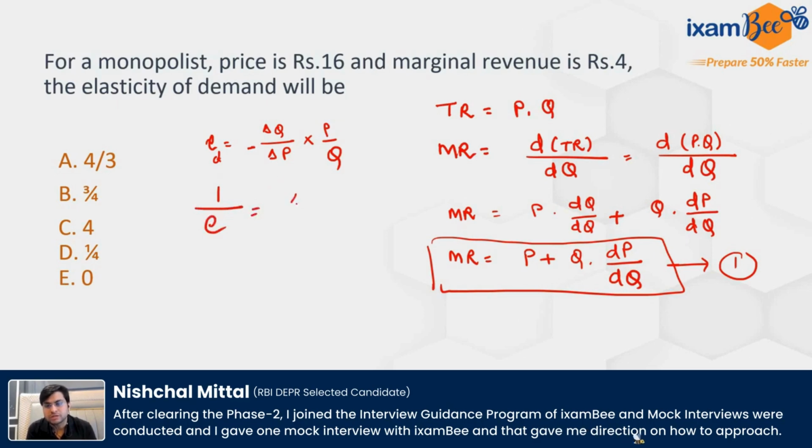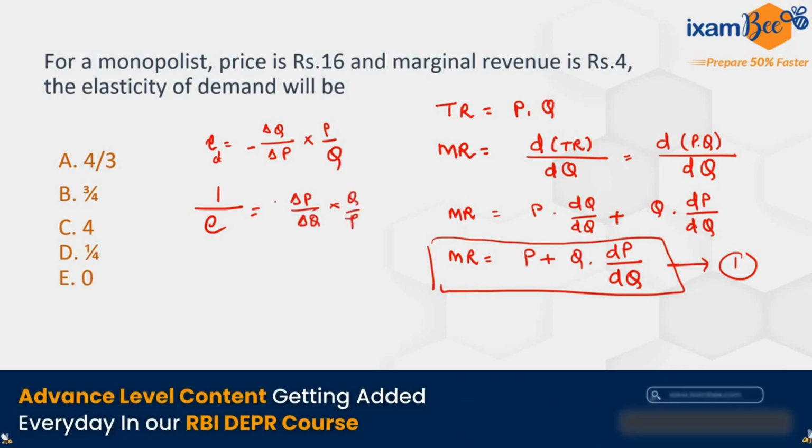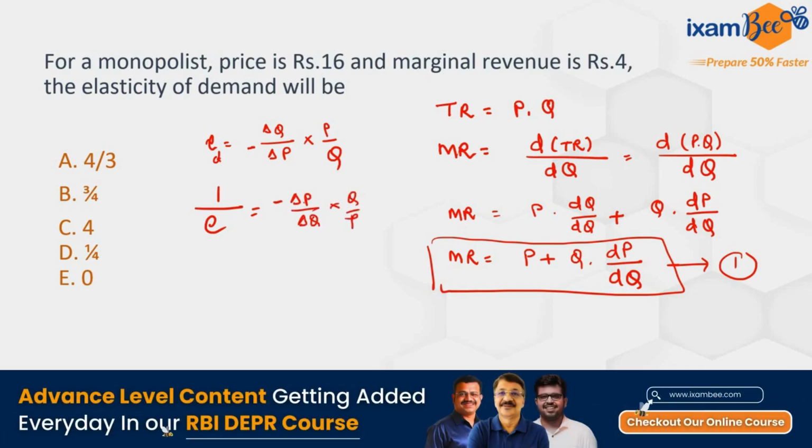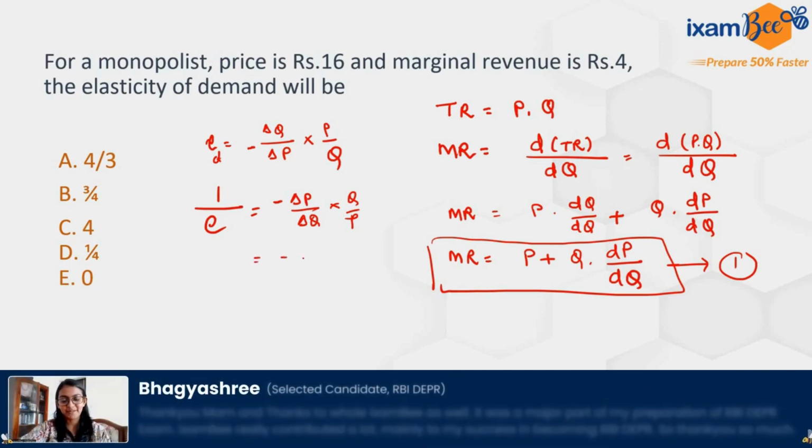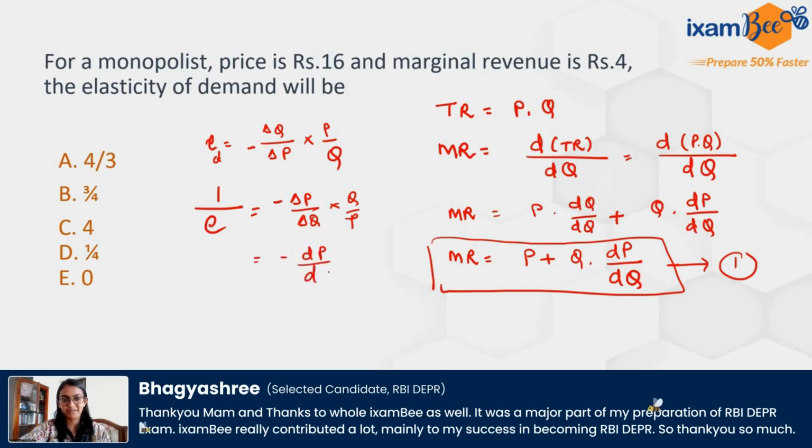I have delta p upon delta q into q by p, with a negative sign. Now in place of delta, this is change only, and the differentiation d is also telling you change. So I can write it like this: minus dp upon dq into q by p. This is my 1 by e, elasticity. This is my second equation.